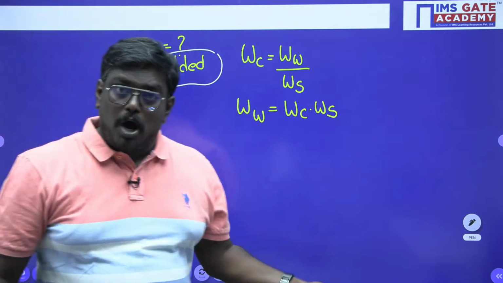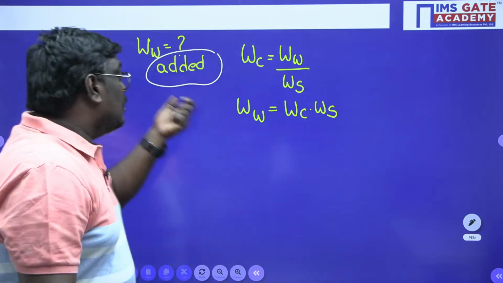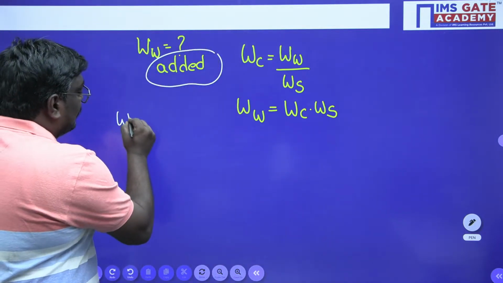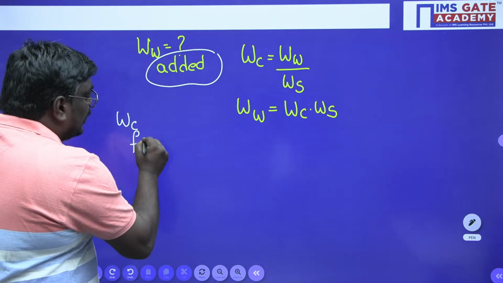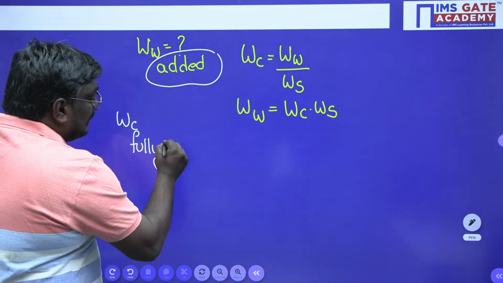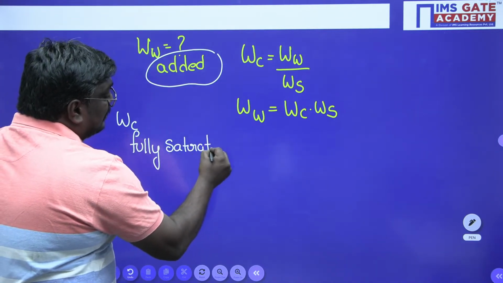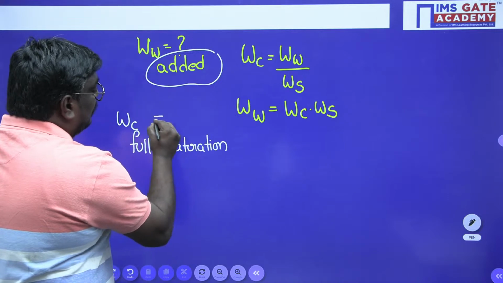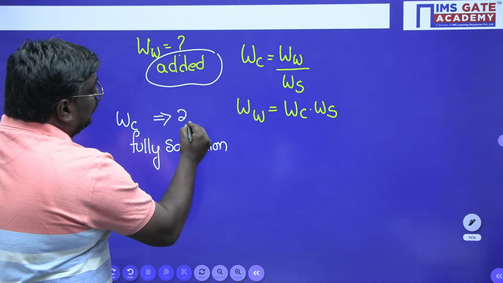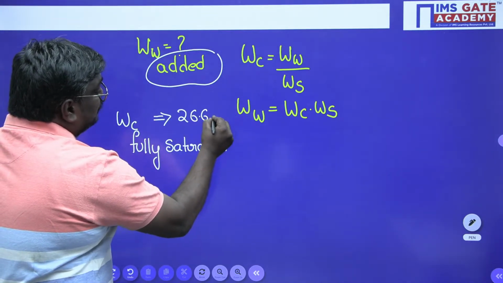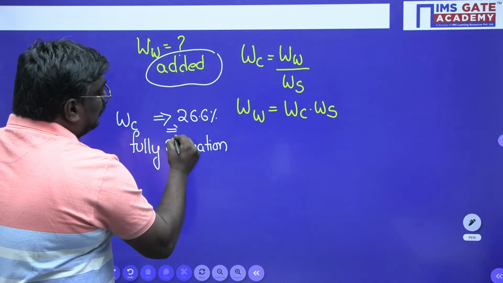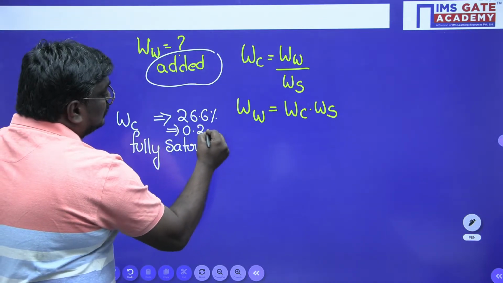So you know already in problem A, we have calculated the water content in the fully saturated state. The water content for the fully saturated state, just now we have calculated, is equal to 26.6 percent, or 0.266.